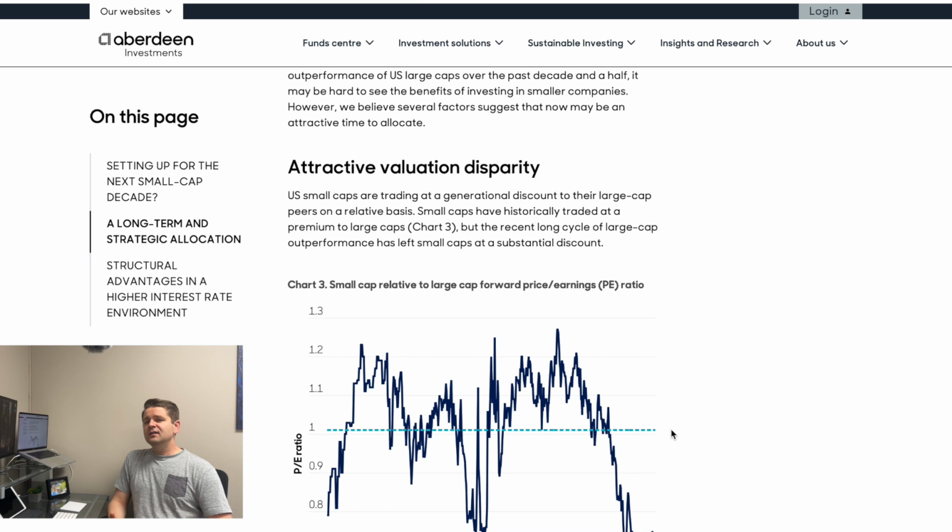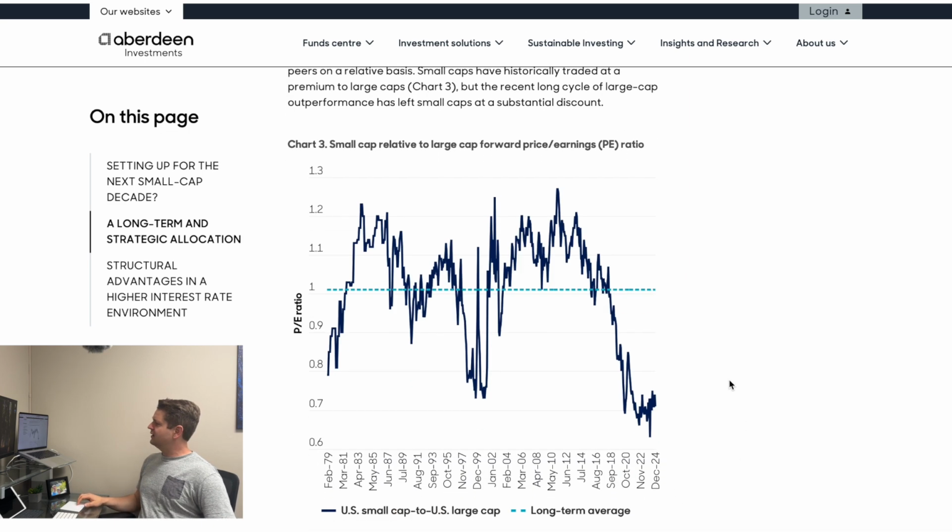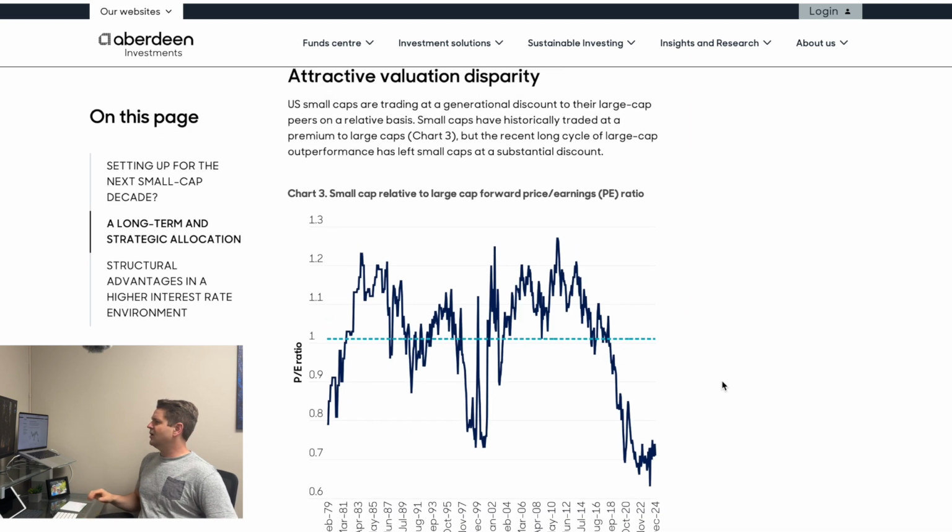So what we're seeing here is an article by Aberdeen Investments. I will leave the link for this. This chart is comparing small cap to large cap based on PE ratios. If people are willing to put more money towards large cap, obviously the PE ratios are going to be a lot more expensive.